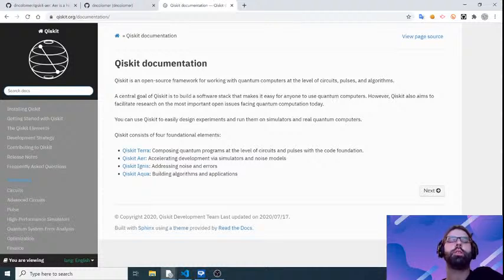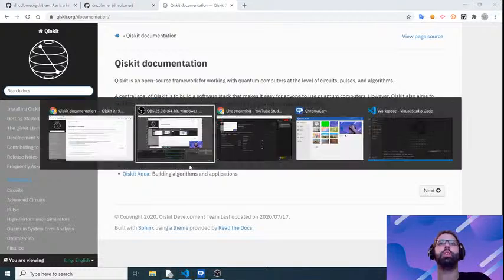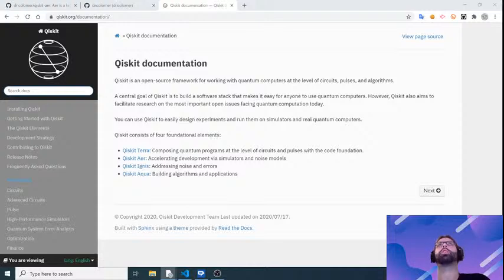Aer is accelerating development via simulators and noise models. So okay, this is what the simulators probably are. Ignis is addressing noise and error, so noise and error correction, I guess. And then Aqua is where you have algorithms and applications. And I guess Terra has the basics of Qiskit.